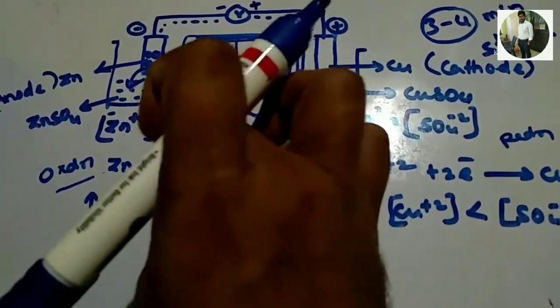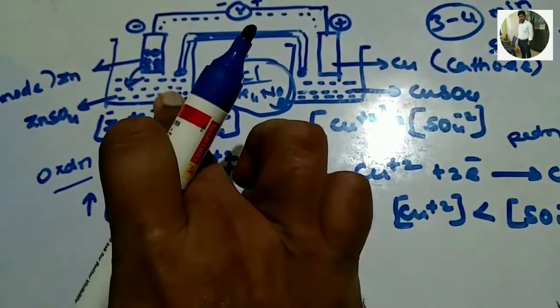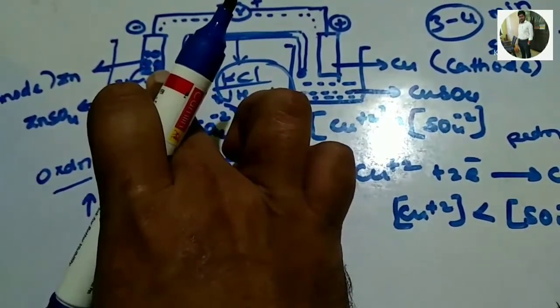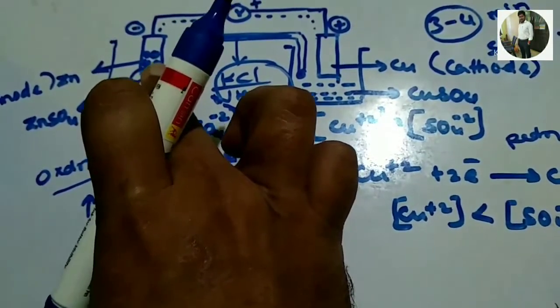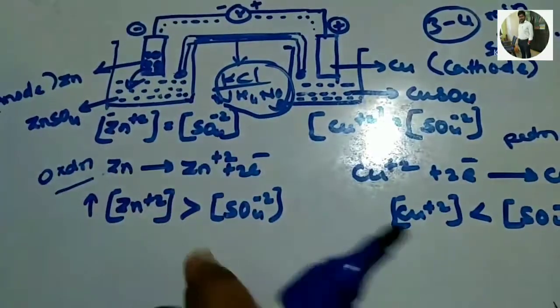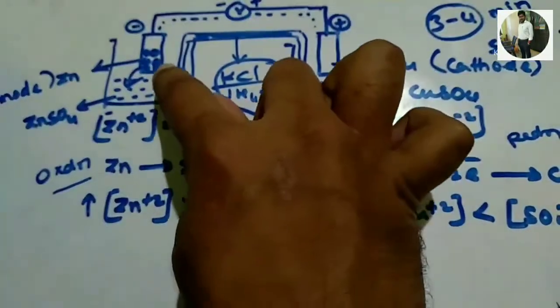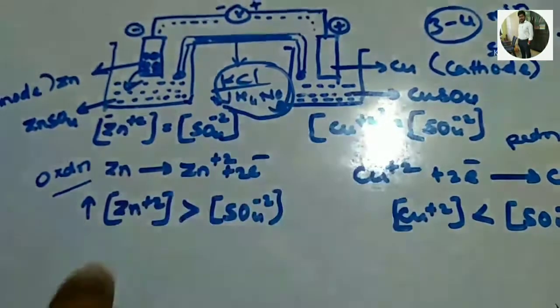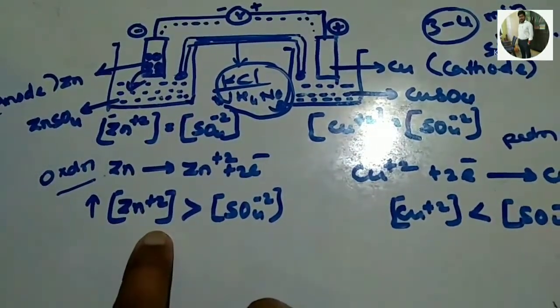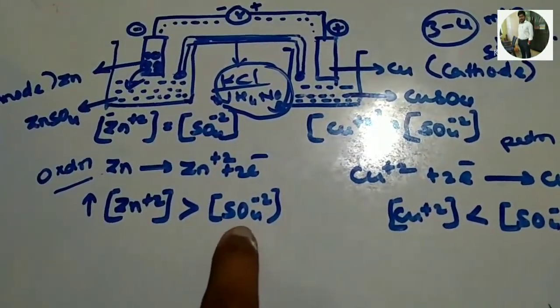Why? Because of the solution ions plus anode ions. So 2 electrons are passing through this metallic wire, and the Zn+2 ions are going into the solution. Hence the number of zinc ions is going to increase with respect to the sulfate ions.